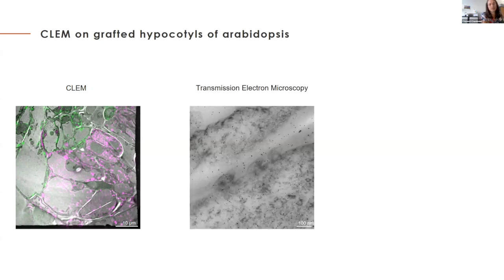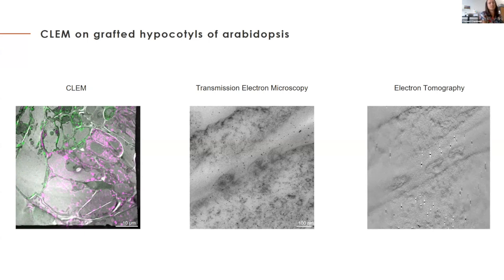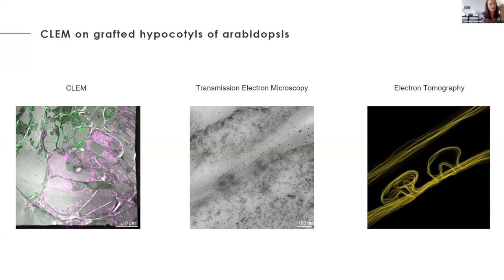At the graft interface, we were able, with transmission electron microscopy, to observe plasmodesmata. And because the sections were thicker compared to standard transmission electron microscopy, to improve the resolution, we implemented electron tomography on those samples, which allows us to restore the resolution, plus to have the 3D information of our structure.